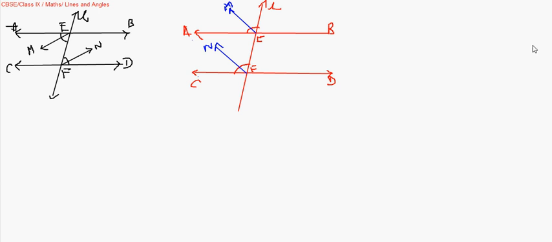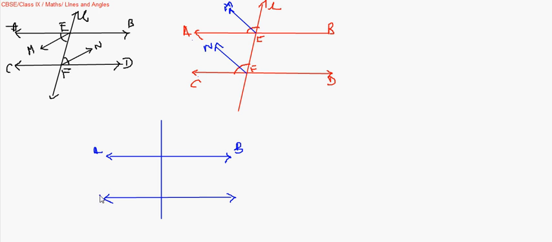One more I am leaving is when there are two parallel lines, a line which is perpendicular to one parallel line will also be perpendicular to the other parallel line. So I read and make this figure: suppose AB is given parallel to CD, the transversal L, and this is E, F. L is perpendicular to AB at the point E. That will also make L perpendicular to CD at the point F.